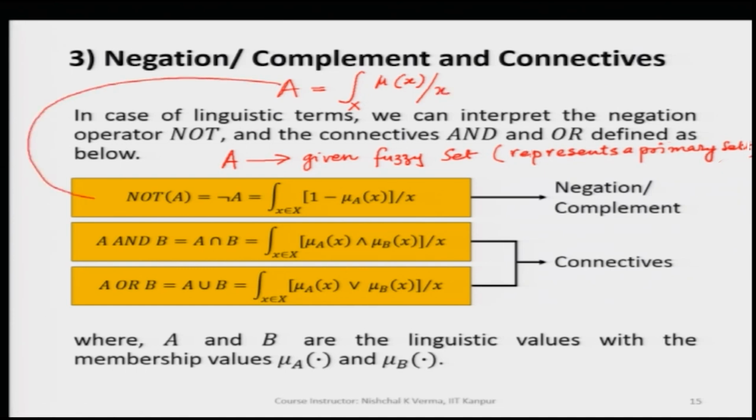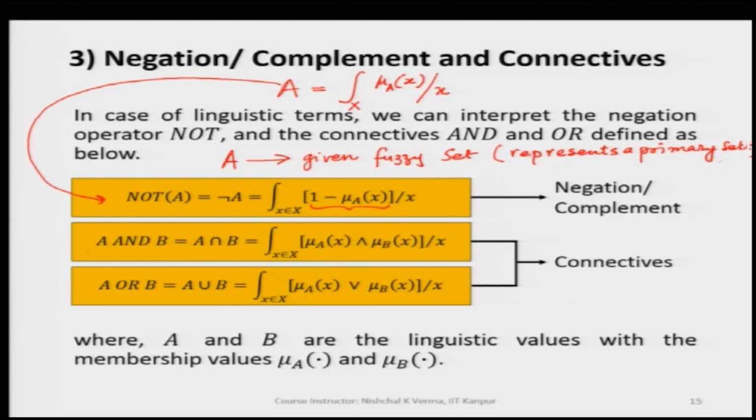For not A, we simply take the complement, and the membership function is subtracted from 1; the rest remains the same. This way we get not A as the negation or the complement.